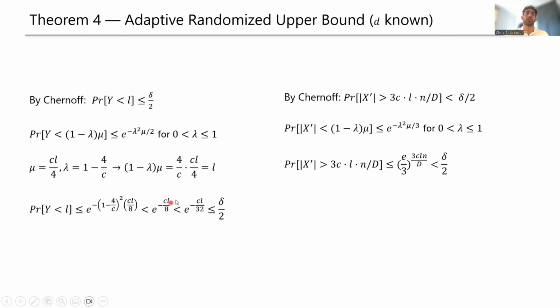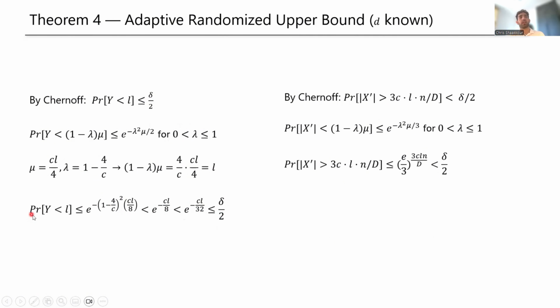So we get e to the minus CL divided by 8. And now if we make the 8 larger, we get an even bigger bound, e to the minus CL divided by 32. And now if we plug C here that we saw earlier, we get exactly this bound, delta divided by 2.